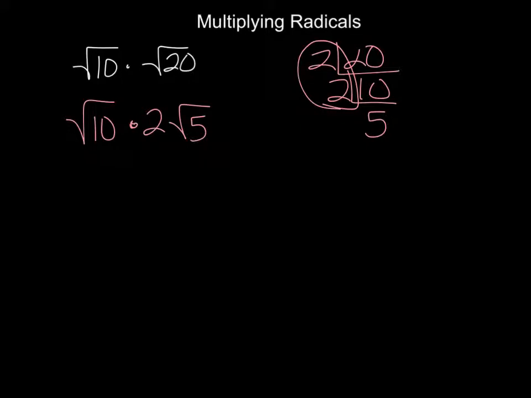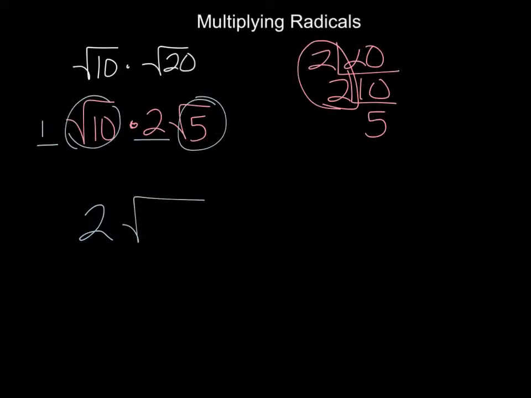Now, we multiply everything on the outside together, which this is basically, remember, an assumed 1. So 1 times 2 is 2. Then we multiply the inside together. 10 times 5 is 50. Now check it one more time, see if you can simplify that answer.